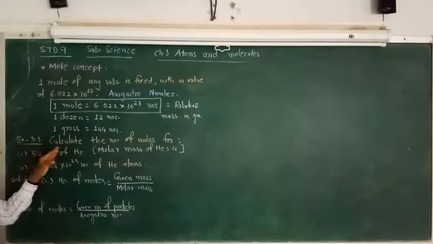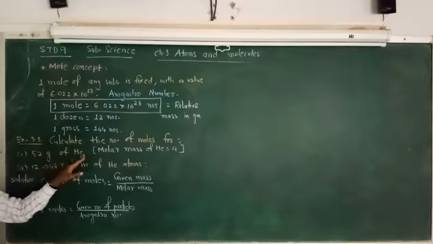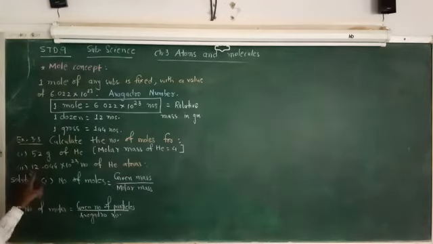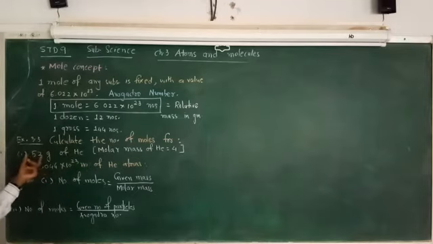Now, related to this, an example: calculate the number of moles for 52 gram of helium. The molar mass of helium is given as 4 atomic mass unit, and also 12.044 × 10^23 helium atoms. We have to find the number of moles in 52 gram of helium.